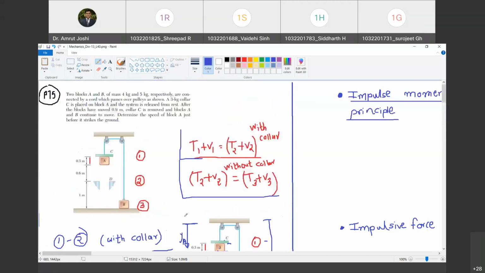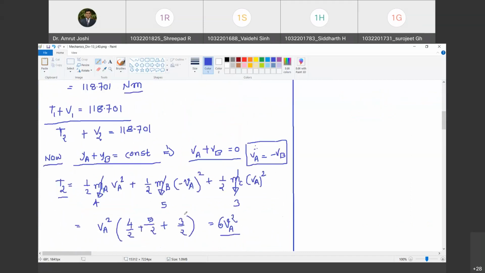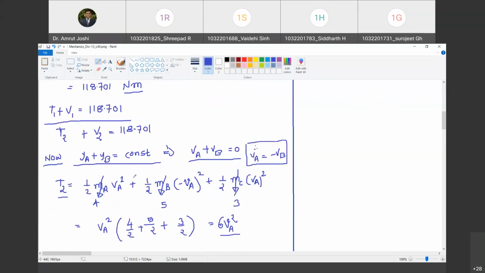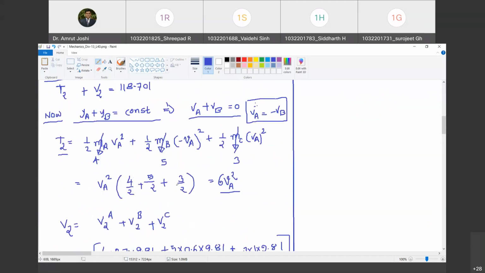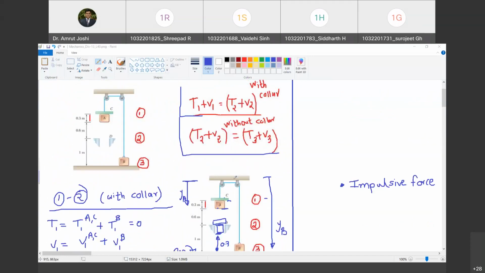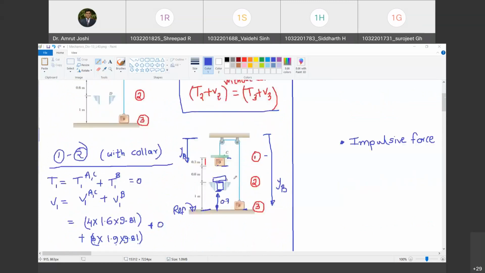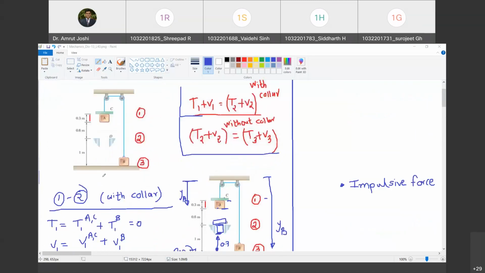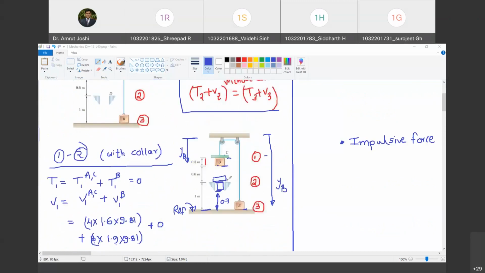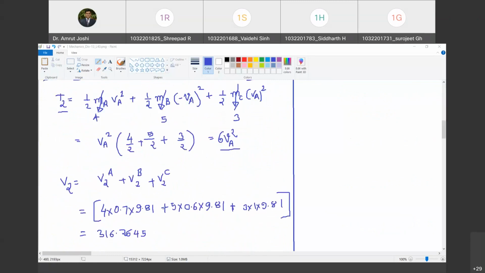Is that right? Let me check. 4 into 0.7 into 9.81.